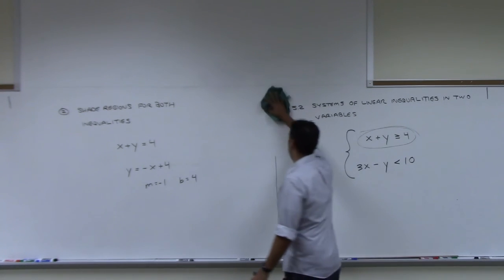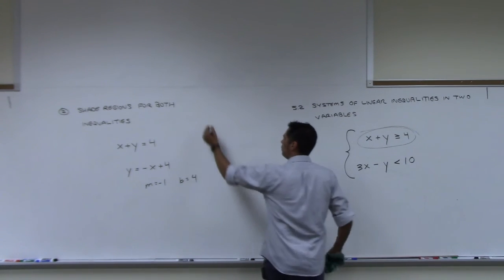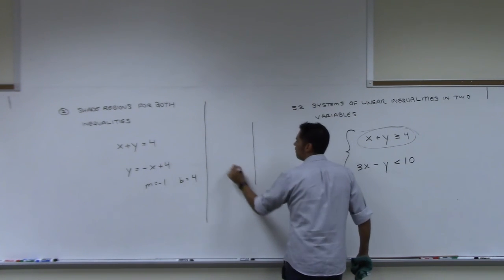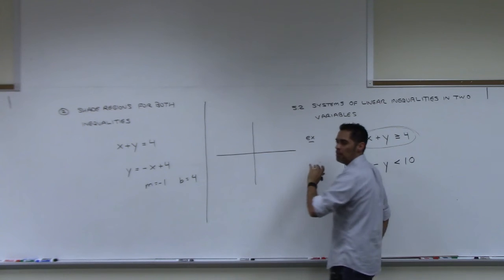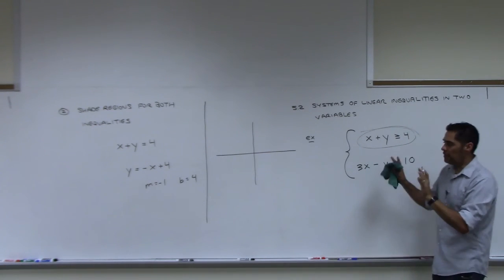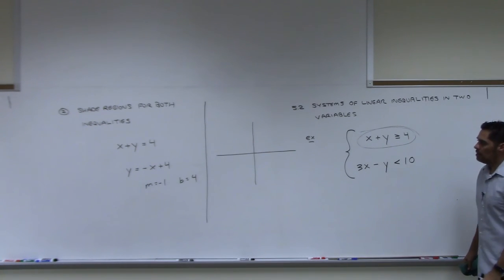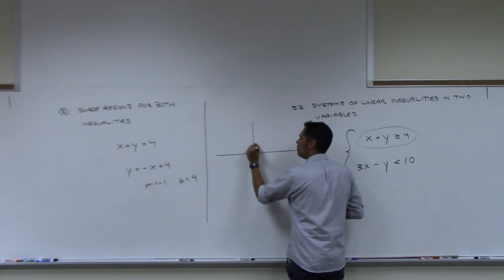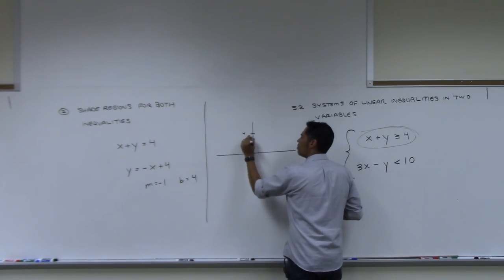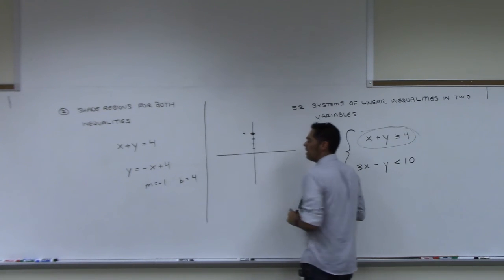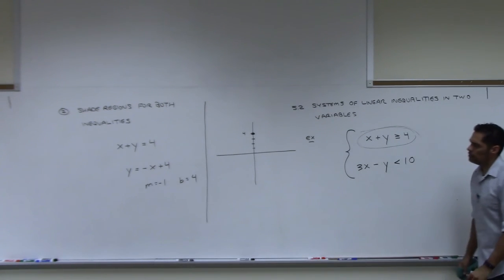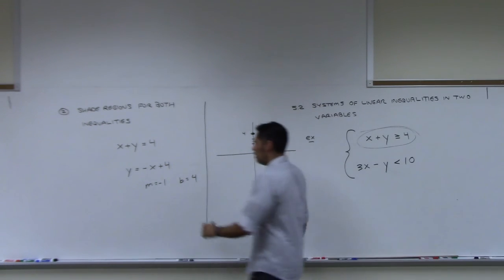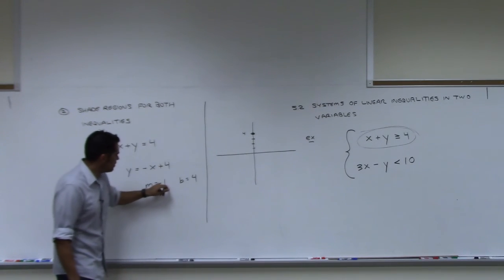So let me go ahead and draw this now. This is my first graph. I'm going to probably wind up with another final graph. But for now, I'm just going to get an idea of what's going on. So I'm going to start at y-intercept of 4. I'm going to draw a dot. And then from there, to get to another point, what do I do? Use the slope, right? Negative 1? Rise over run. So you have to look at this as a fraction, don't you?